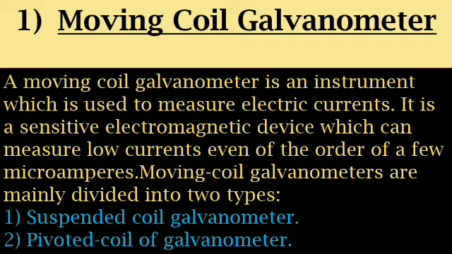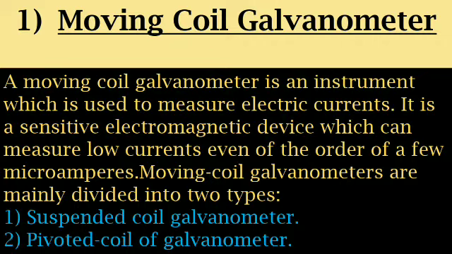Moving coil galvanometer is an instrument which is used to measure electric currents. It is a sensitive electromagnetic device which can measure low currents, even of the order of a few microamperes.